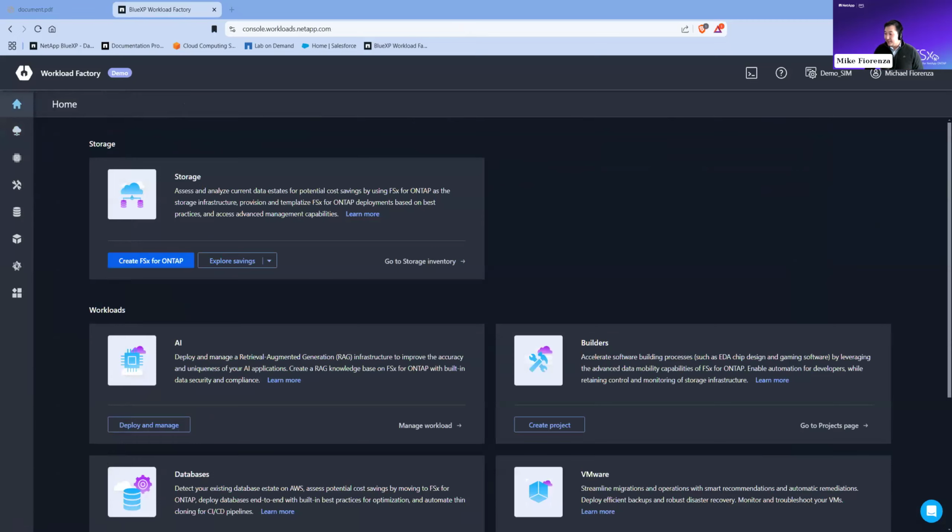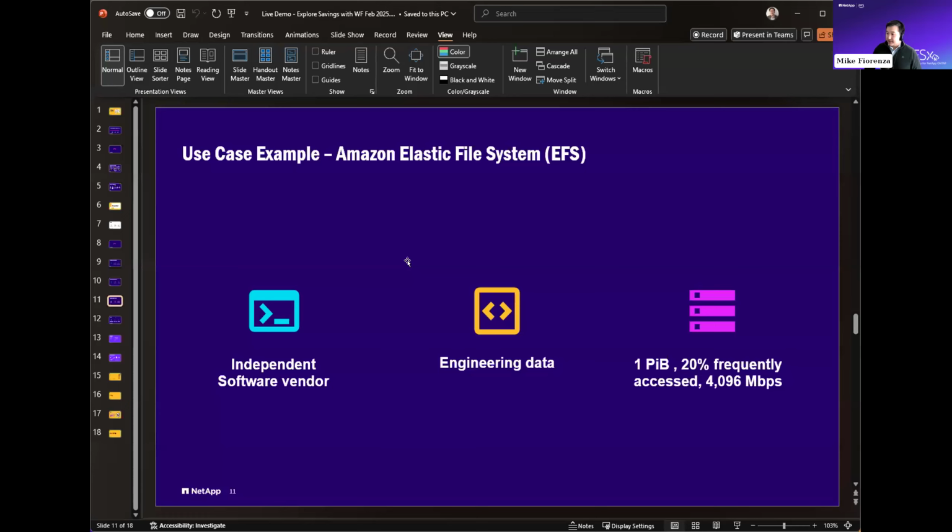And to go back to the last example that we have here, this is going to be comparing FSxN to EFS, Elastic File System. And in this case, we have an ISV, independent software vendor, that has an amount of DevOps and engineering data, right? This is a development cycle that they go through where they are creating software builds, and they're iterating on those constantly.